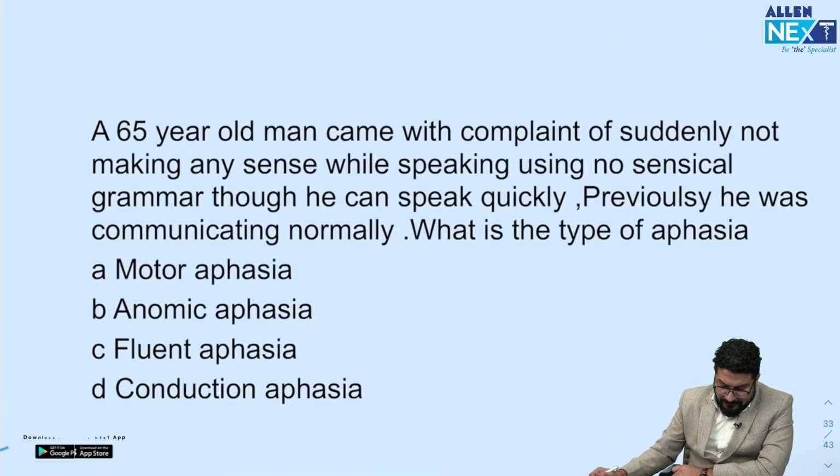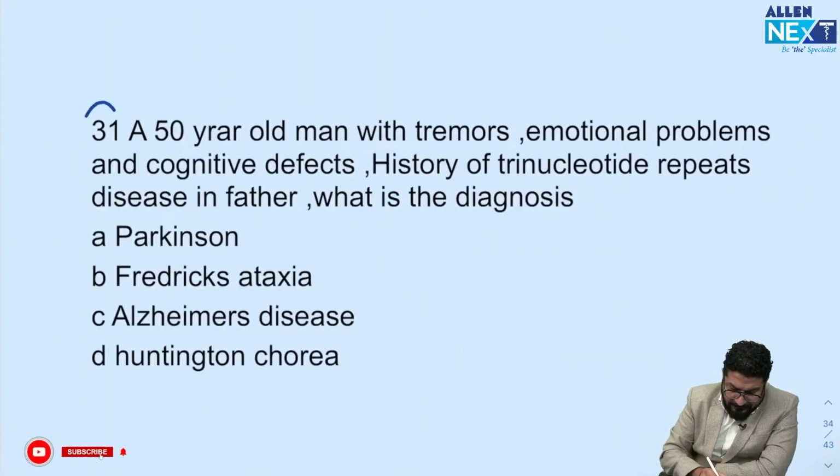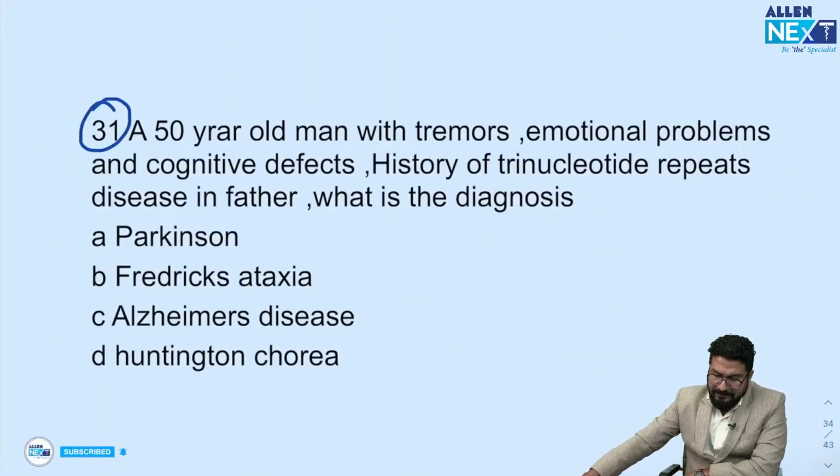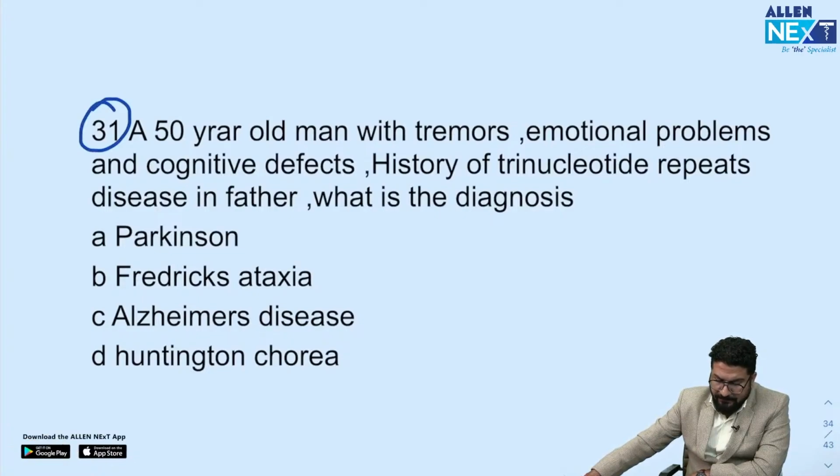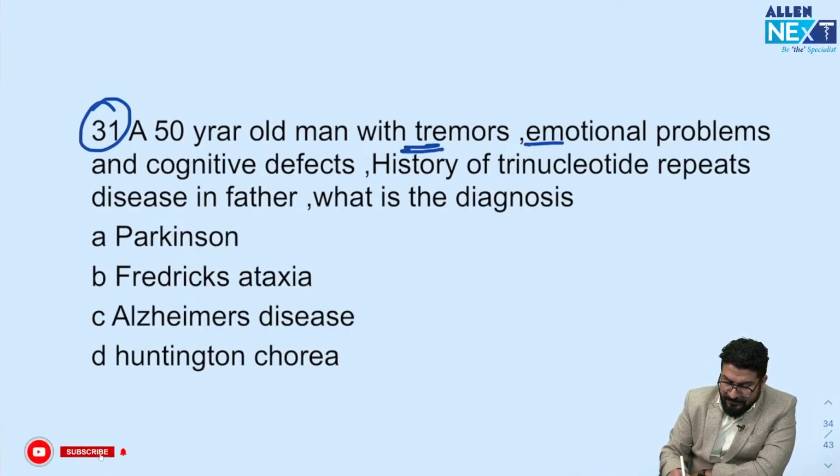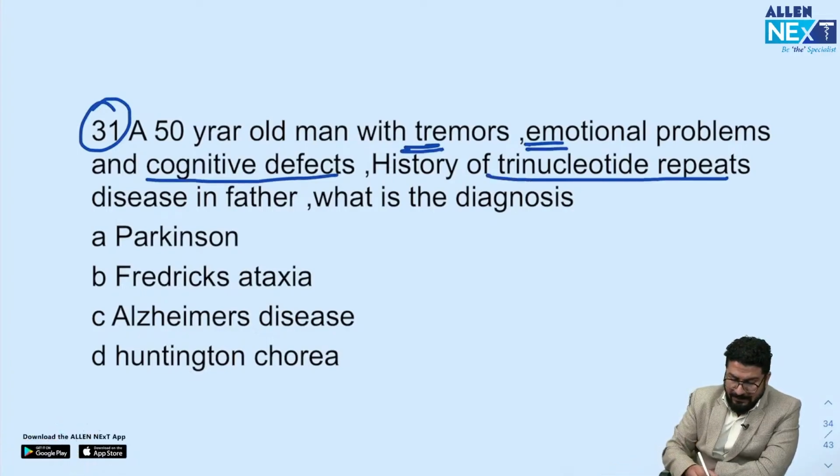Okay, next one. This question came in the exam. A 51-year-old male with tremors, emotional problem, and cognitive defect, with a history of trinucleotide repeat disease in the father. What is the diagnosis? There is tremor, emotional problem, and cognitive defect, and there is a history of trinucleotide repeat. Parkinson's will not have that history, and Alzheimer's will not have that history.